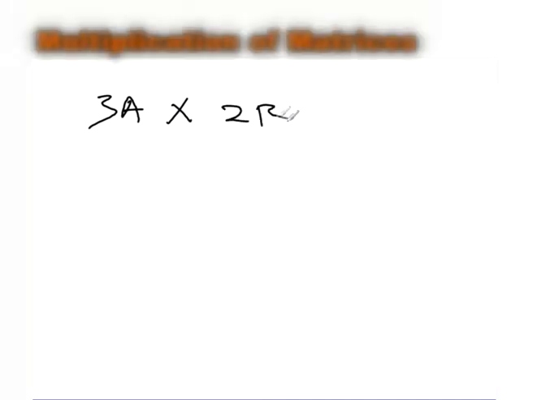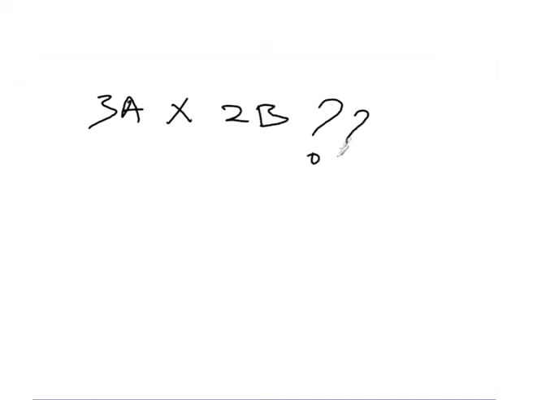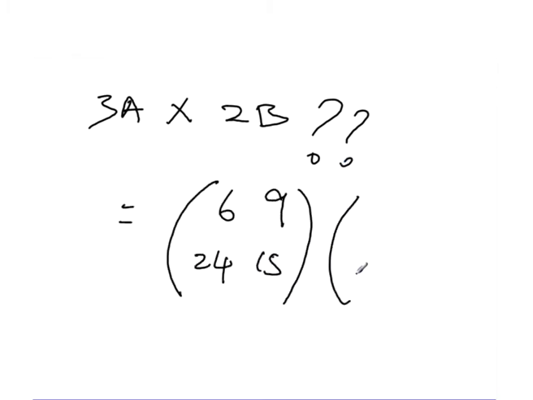What is the answer of 3A times 2B? I'm going to make things easier for you. In order to perform this task, we are going to arrange the calculation in this manner.